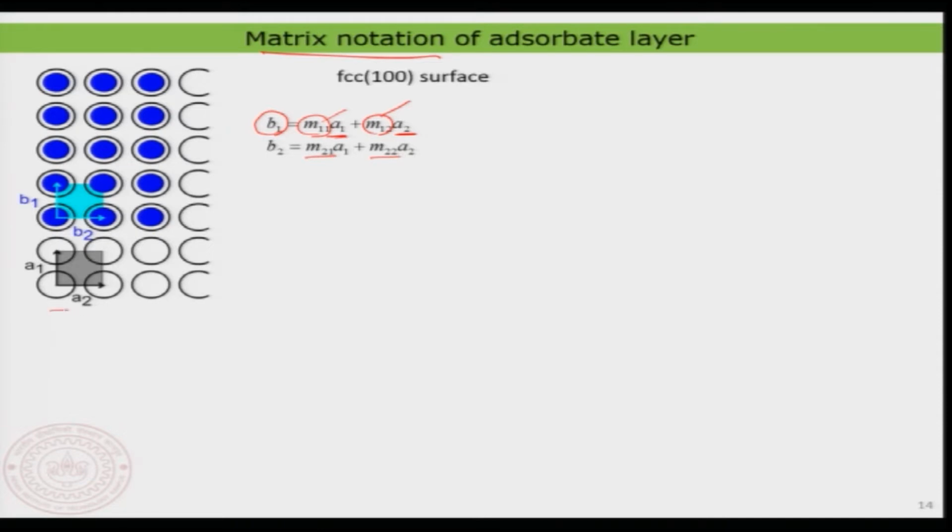So, let us try to do that for this particular example. This, you remember, was a 1 by 1 supercell of an FCC 100 surface.